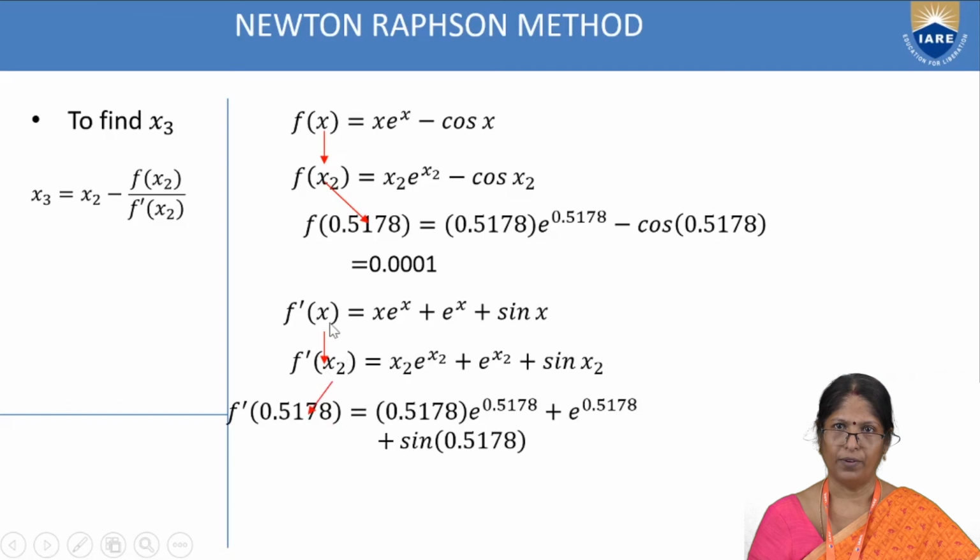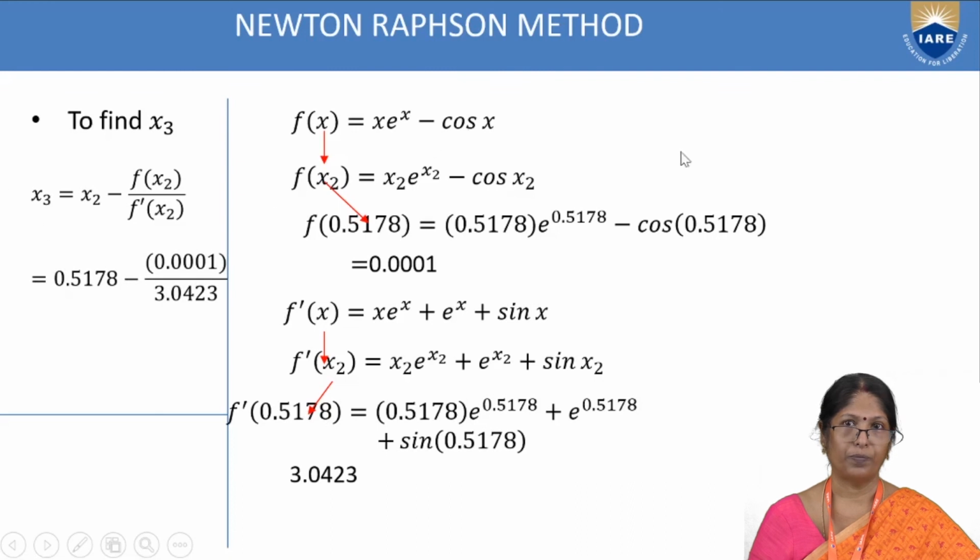You can see x changed to x2, and x2 is taking the value 0.5178. Complete x2, we substituted the value. Calculation is done. So we got f dash of x2, nothing but f dash of 0.5178, is 3.0423.